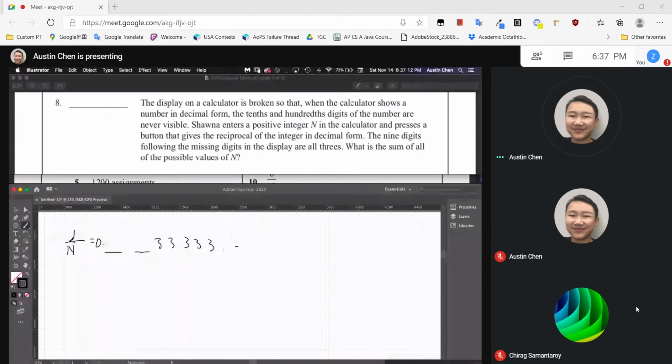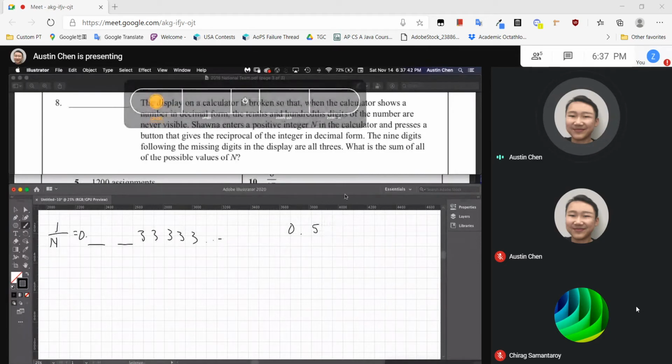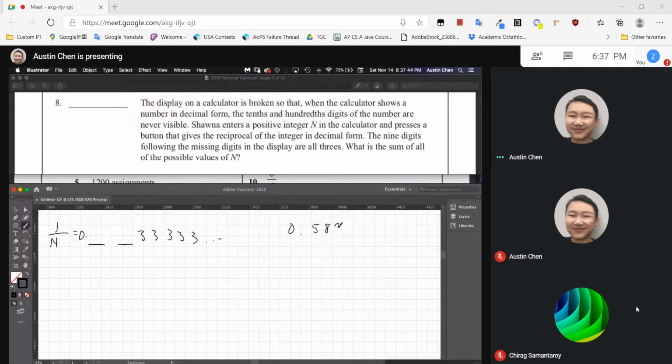So we can use my trick, my technique thing with repeating decimals. Let's say you had 0.5893333 and so on.